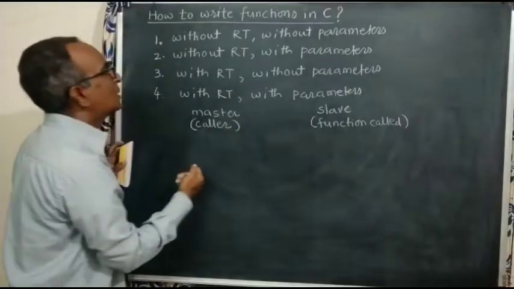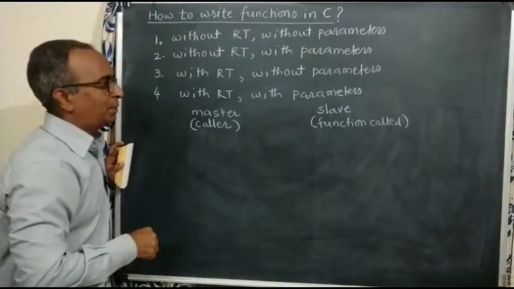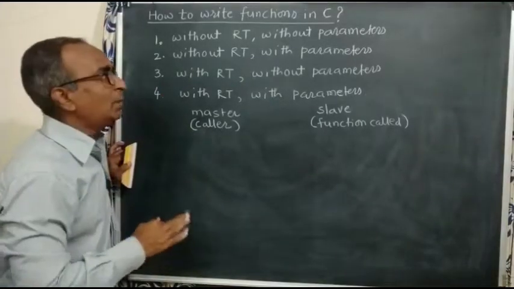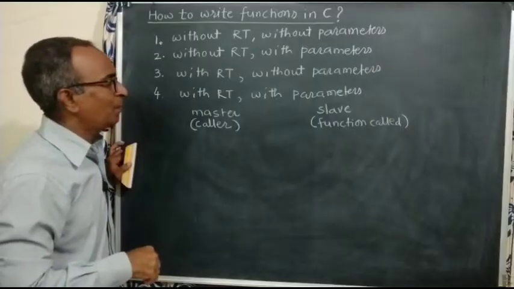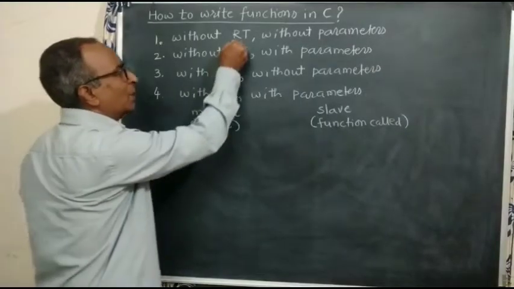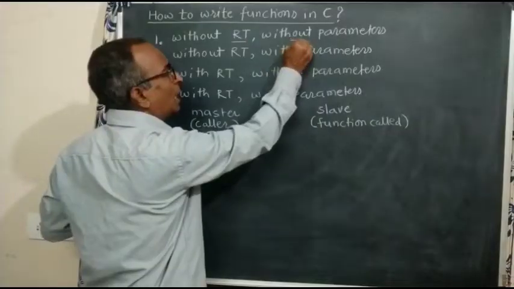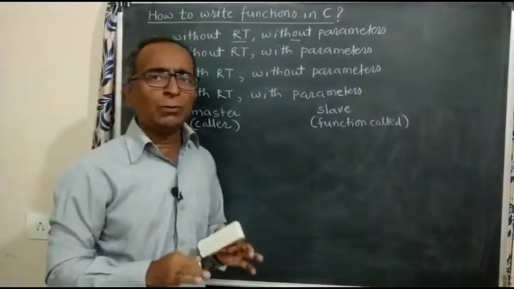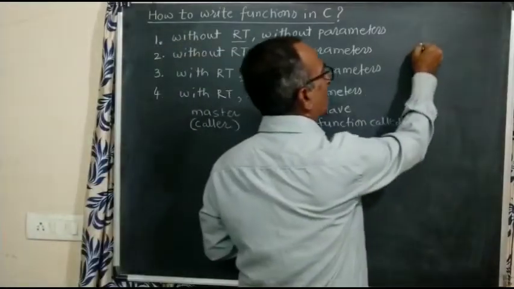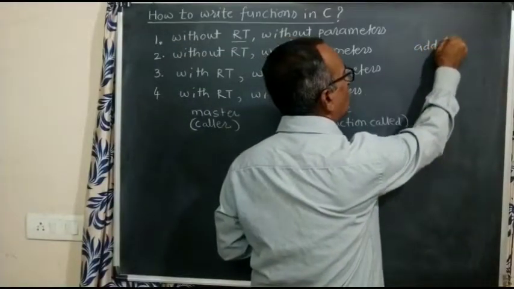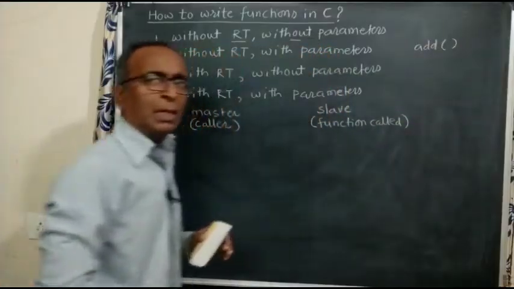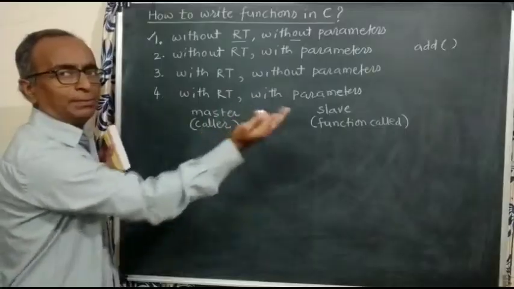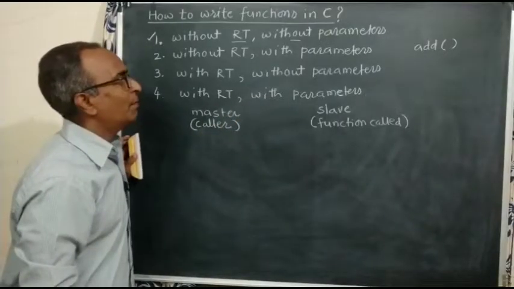Depending on this, these are four types. I'll explain. The first type, without return type, without parameters. I'll take the example of addition of two numbers. I want to add two numbers.